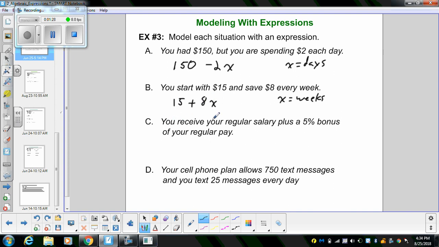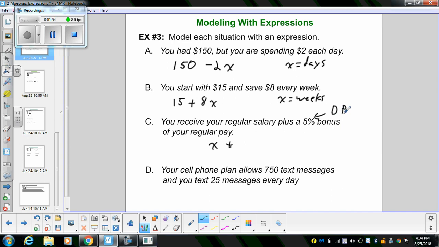Right, C says you receive your regular salary plus a 5% bonus on the regular pay. So you receive your regular salary, right? So I don't know what that is, so that's going to be some value I don't know, plus 5%. Now, when you're dealing with percent, you have to convert it into decimals. If you don't know how to convert it to decimals, remember Dr. Pepper.